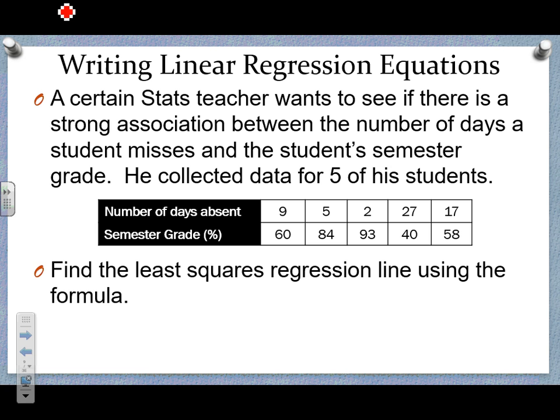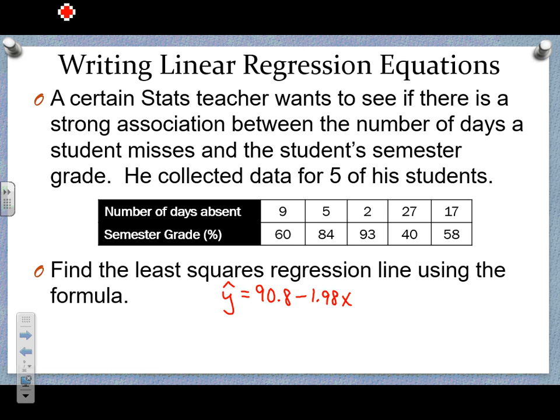So if I wanted to write out the equation for this set of data, my predicted value of y would be equal to, what's the y-intercept for this particular set? 90.8. So the y-intercept would be 90.8 plus, or I guess I should say plus or minus, is my slope. The slope is negative, so minus, what's the slope? 1.98x.